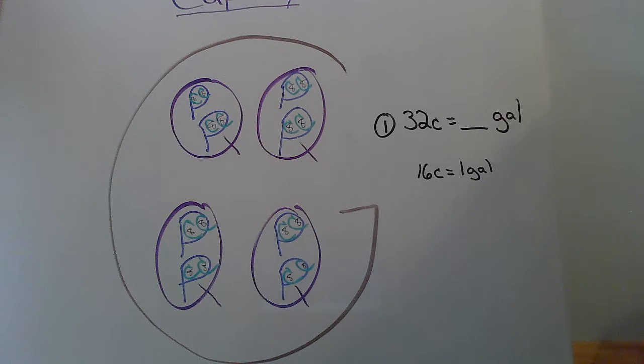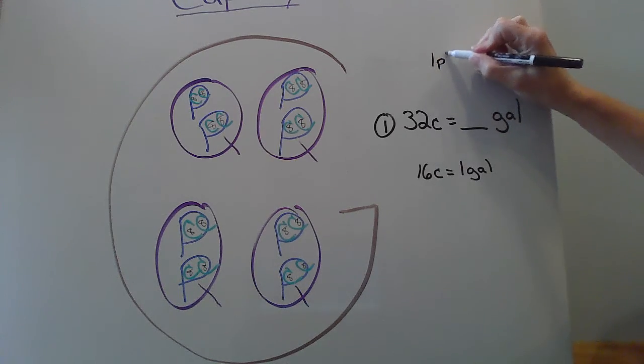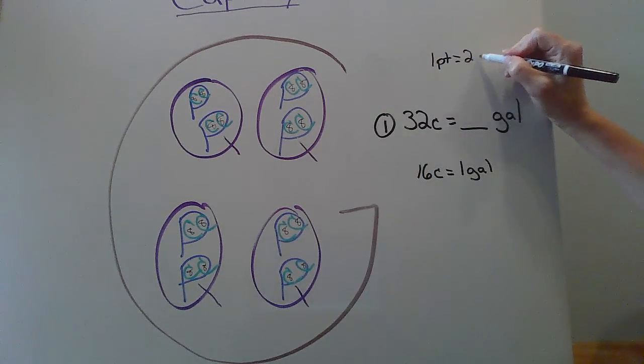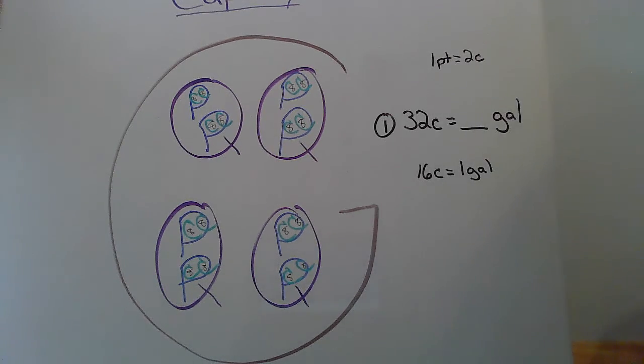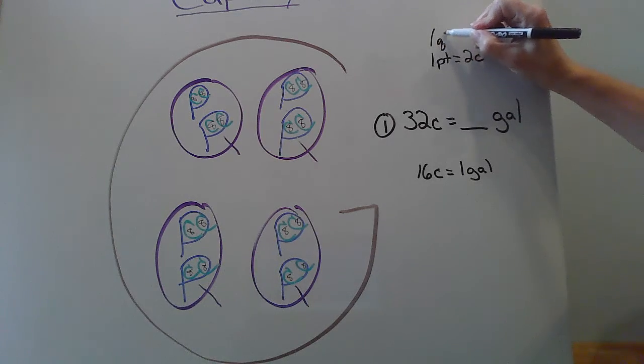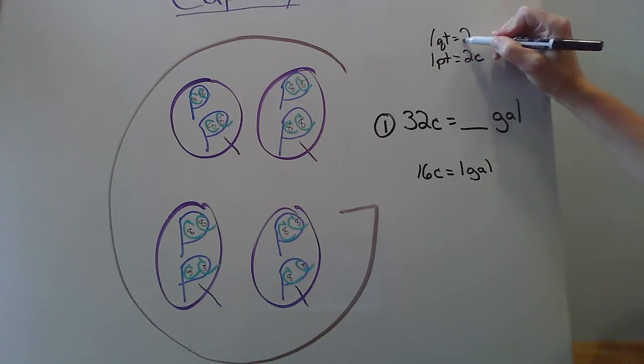I can look at my chart. My chart kind of does the same thing. My chart tells me that 1 pint, I'm going to put PT for the abbreviation, 1 pint equals 2 cups. And then right above that, it tells me that 1 quart, QT, equals 2 pints.